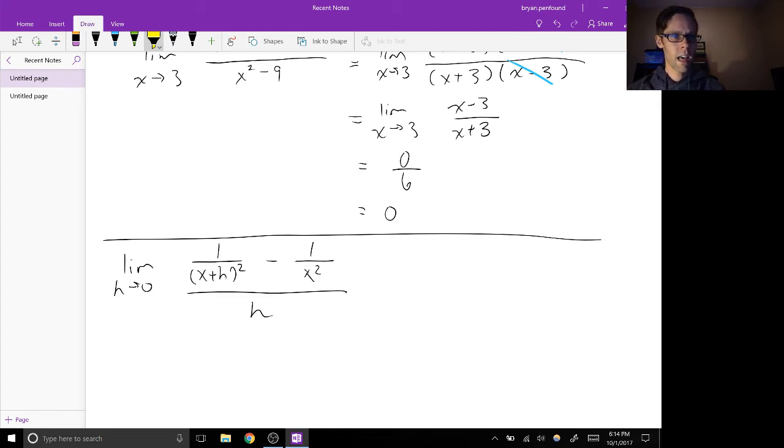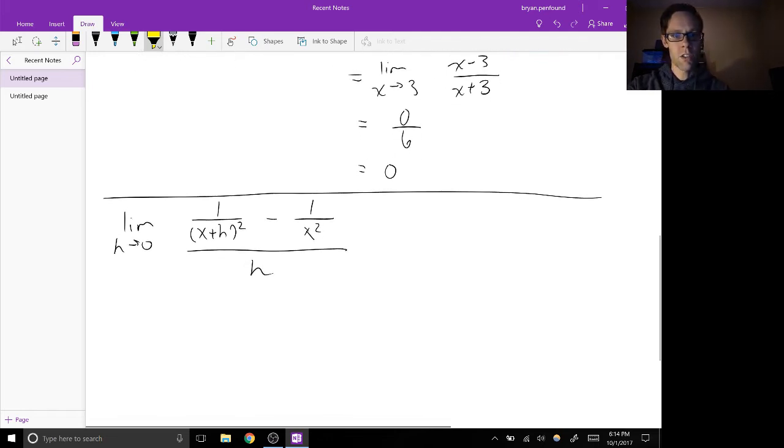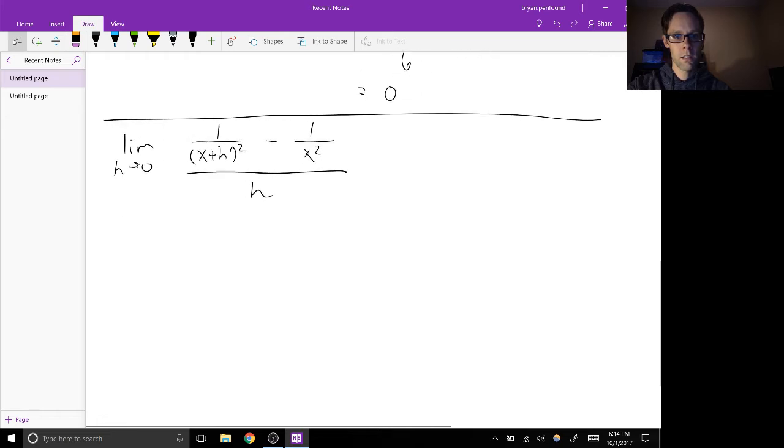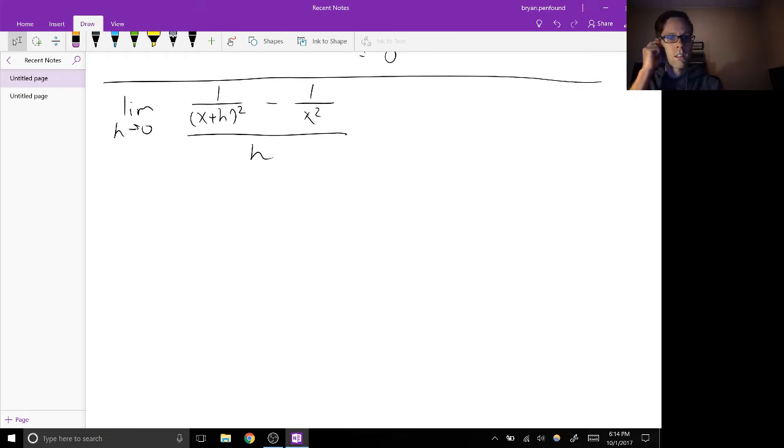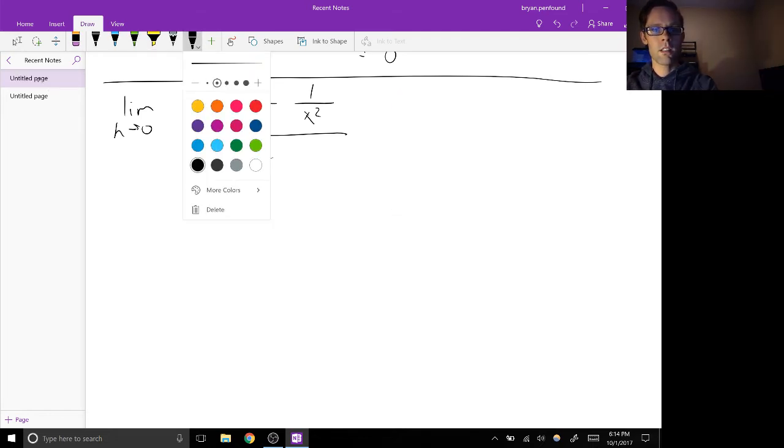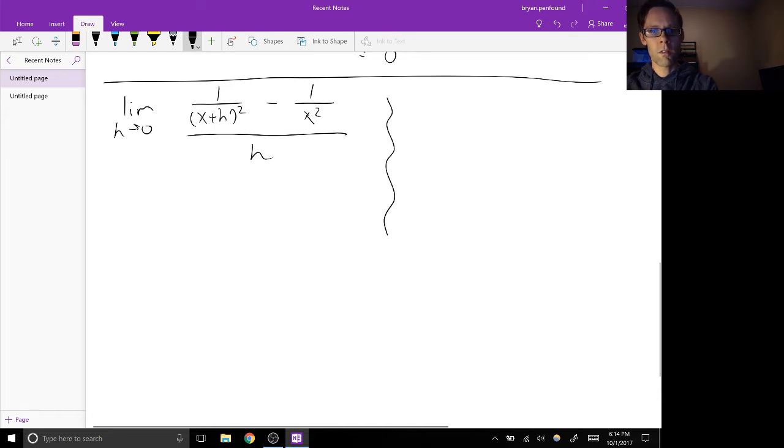Maybe I can look at combining these fractions in the numerator. So what's going to happen if I try to do that? Over on the side, I'm going to do a little bit of work trying to find the common denominator for these fractions.